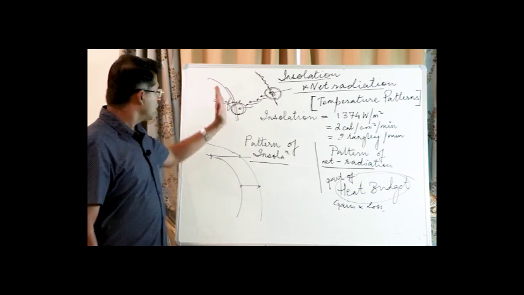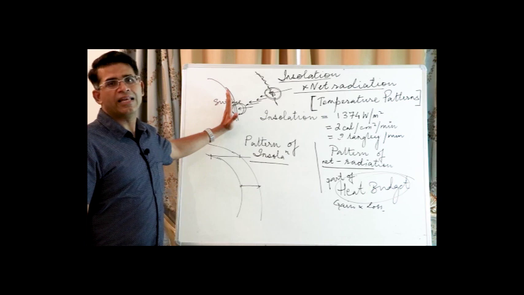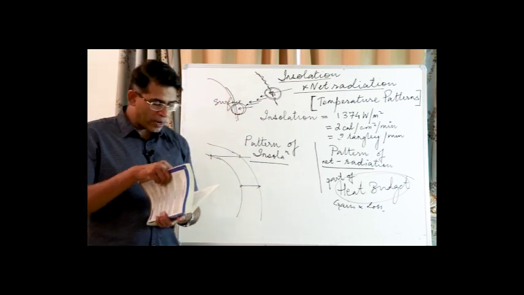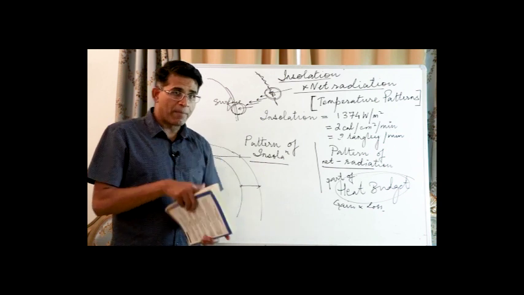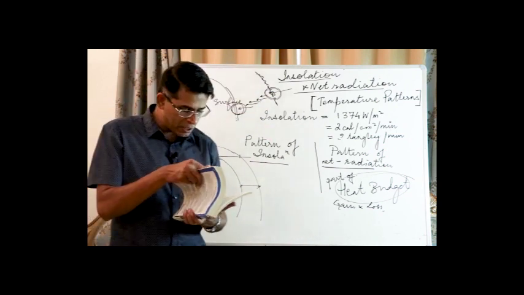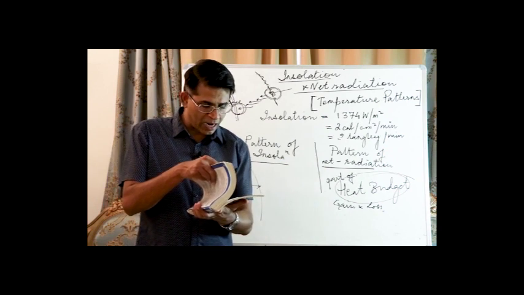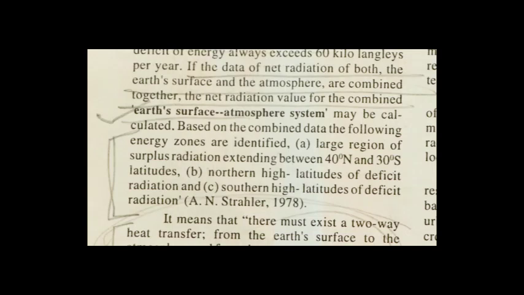For the surface alone, the energy surplus is between 20 degrees north and 20 degrees south. But for the combined effect, the net surplus is between 40 degrees north and 30 degrees south. Similarly, the northern latitudes and the southern latitudes are again deficit as I move towards the high latitudes.